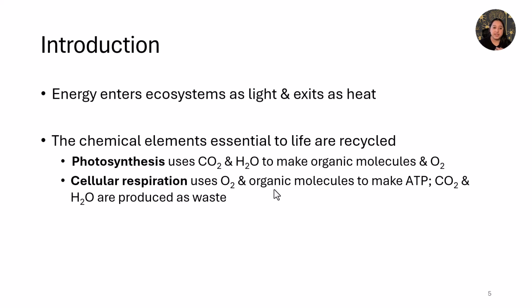So in this whole system, in an ecosystem, the chemical elements that are essential to life are recycled. Photosynthesis uses the carbon dioxide and water that's available to make organic molecules and oxygen. And then cellular respiration uses oxygen and organic molecules to make ATP, and then also happens to make carbon dioxide and water as waste.